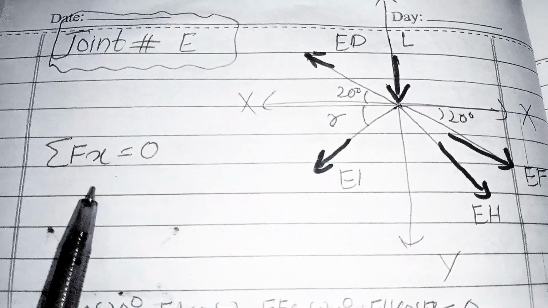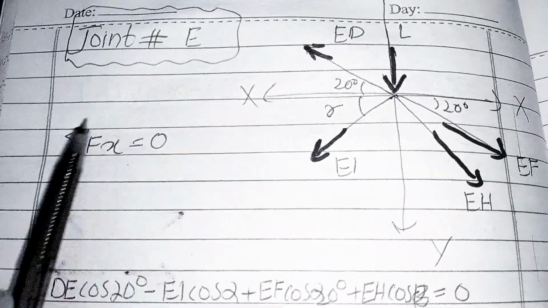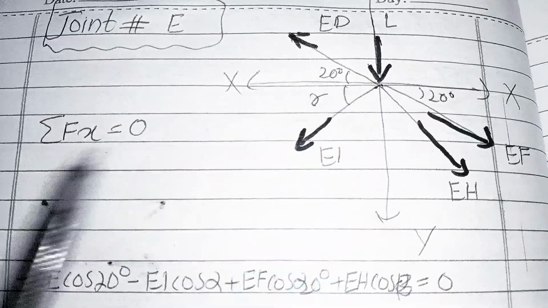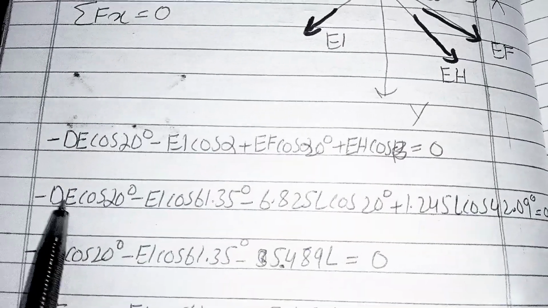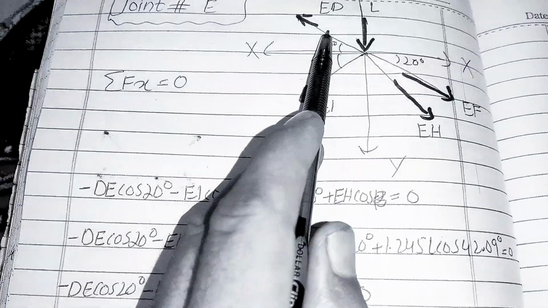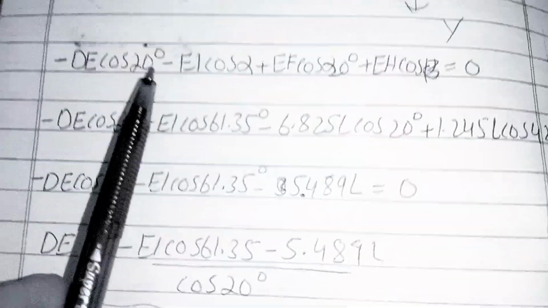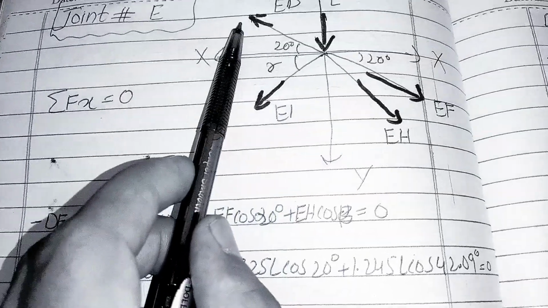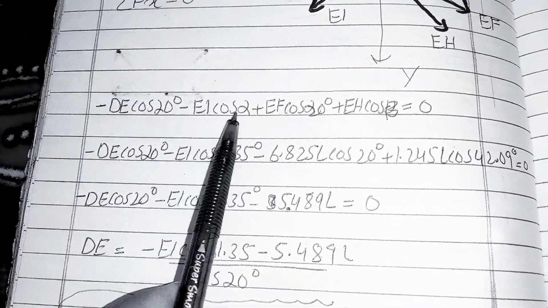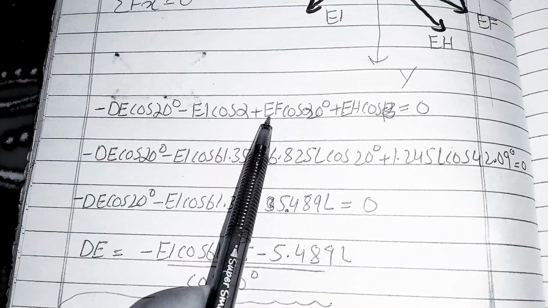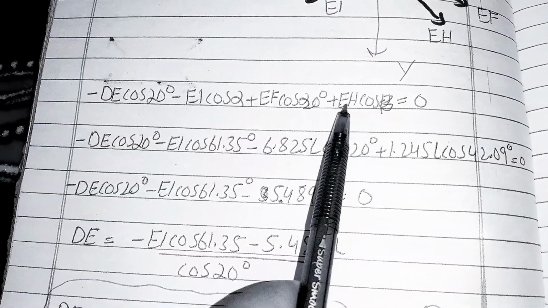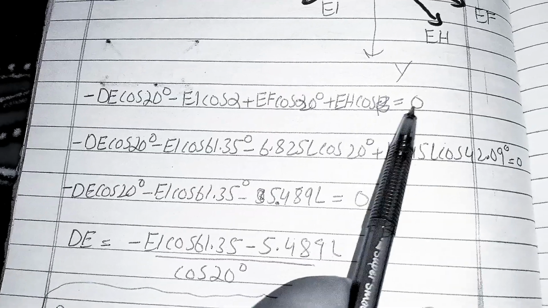Now I take summation of all horizontal forces equal to 0 acting on this joint E. So negative DE, which is this DE force, DE cos 20, negative EI cos alpha, plus EF cos 20 degree, plus EH cos beta equal to 0.